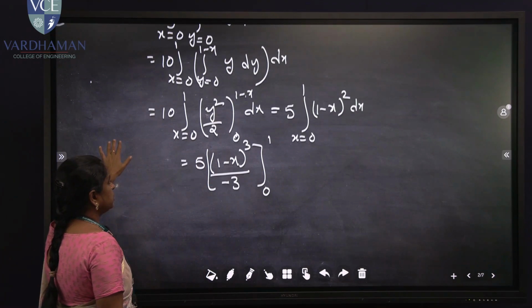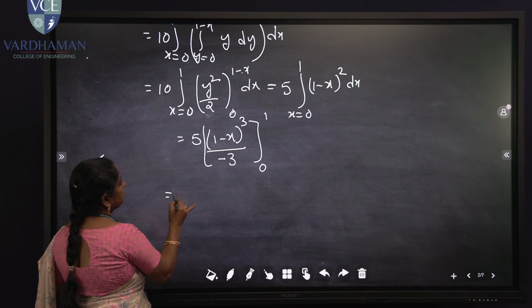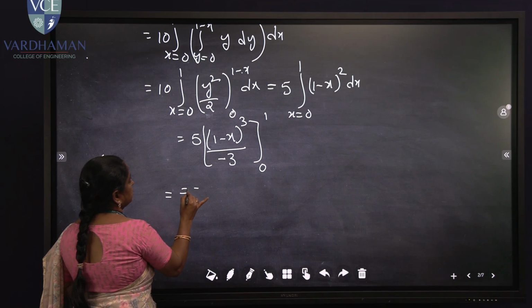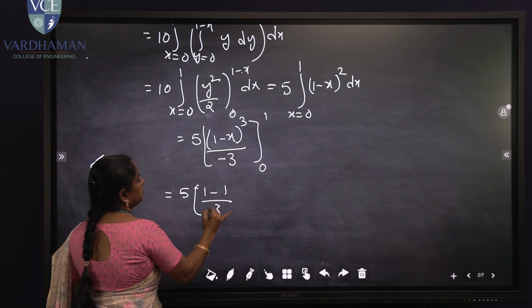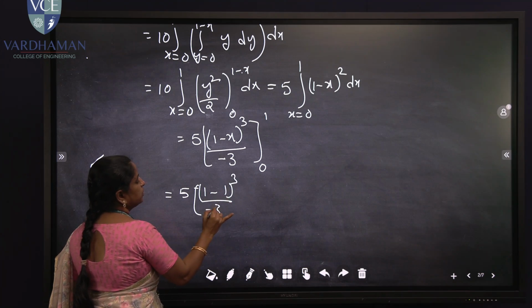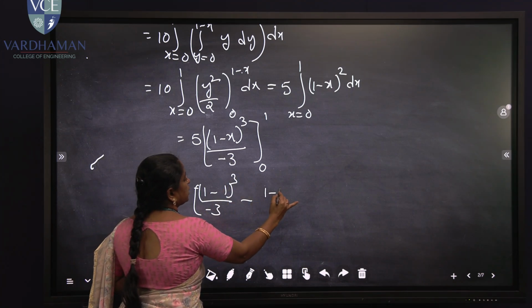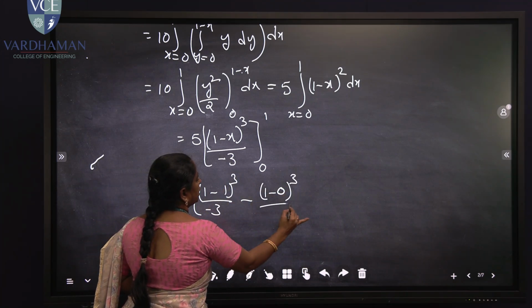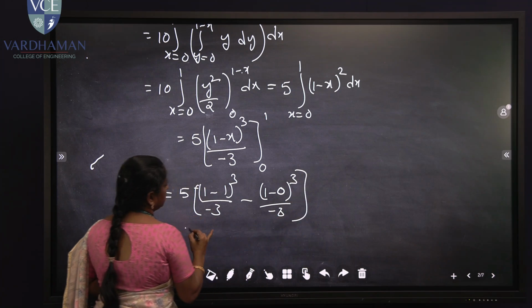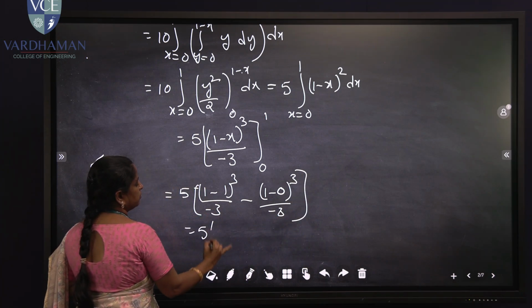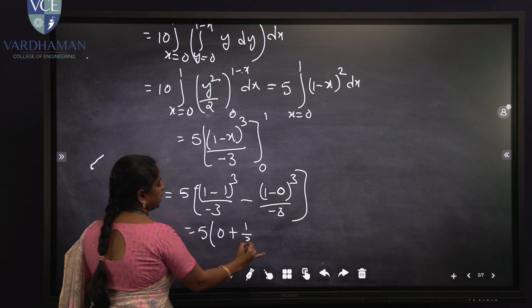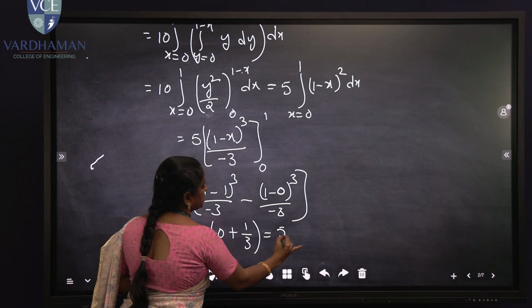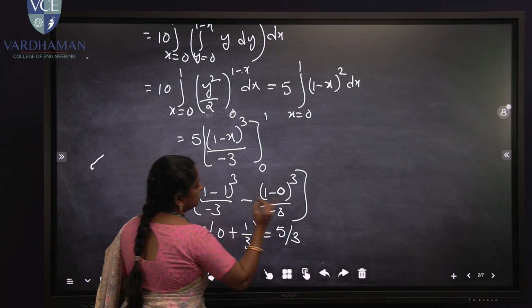If you substitute the upper limit, minus 5 into 1, upper limit is (1 minus 1) whole cube by minus 3, minus (1 minus 0) whole cube by minus 3. So it will become 0 for the first one, and for this one minus minus plus, we get 1 by 3. So finally the answer is 5 by 3.